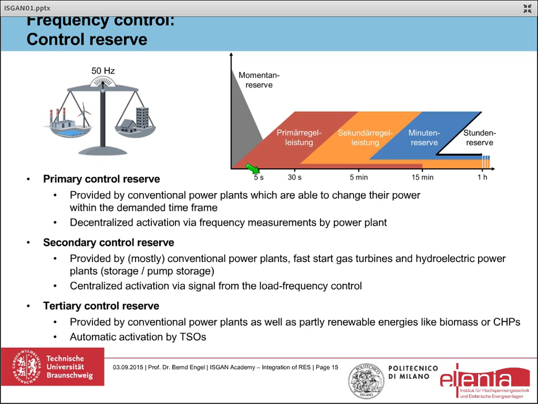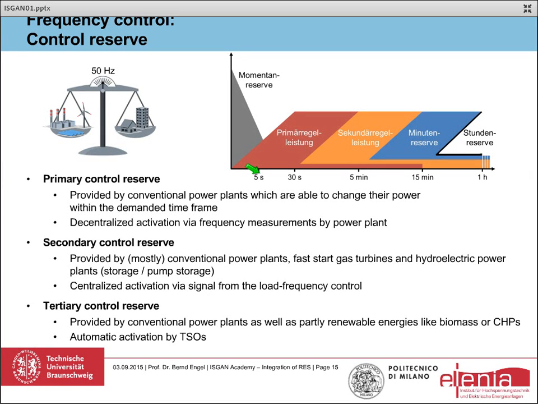This is done in each conventional power plant by a controller, so that we have really a decentralized activation, because this controller in the power plant is measuring the frequency and activating, for example, the steam valve of the turbine.